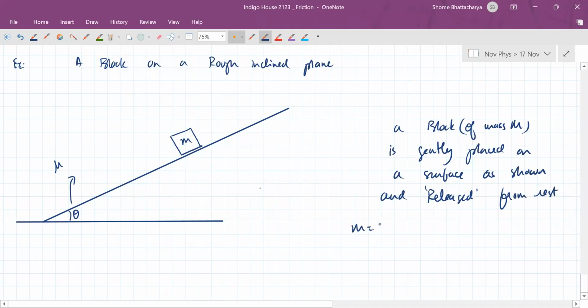The mass of the block is 5 kilograms. g is equal to 10 meters per second square.